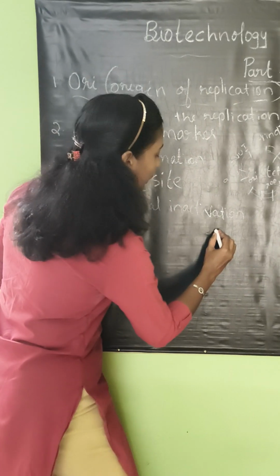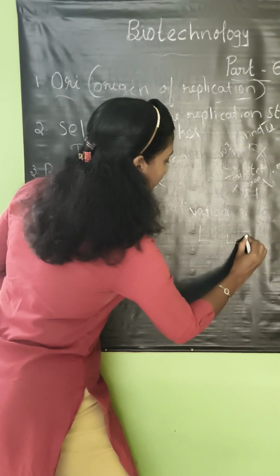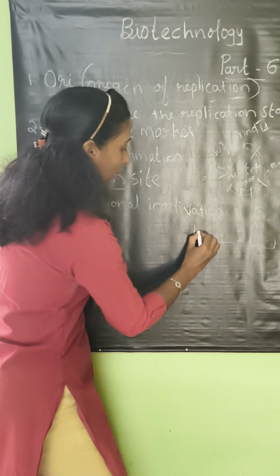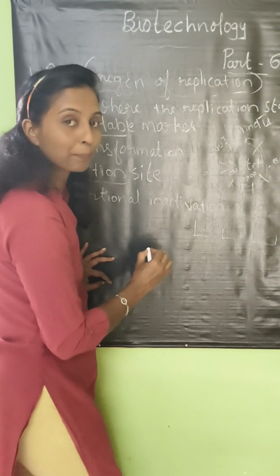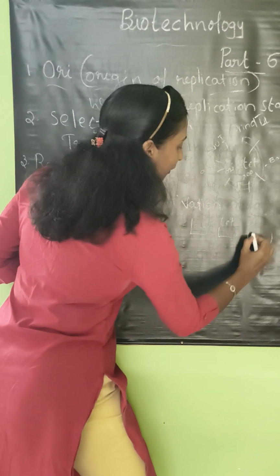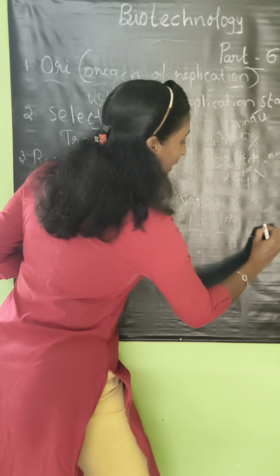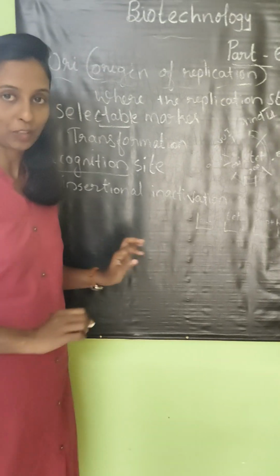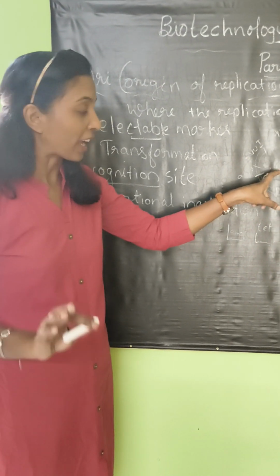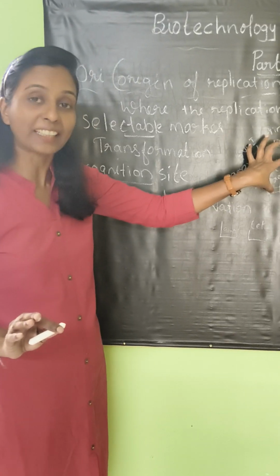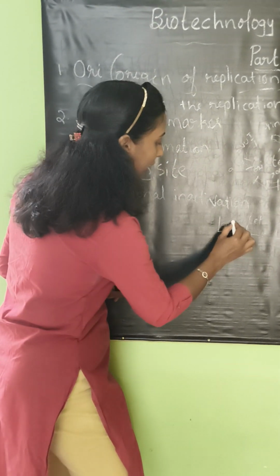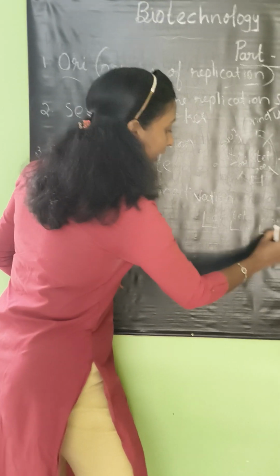For that we have to take three culture plates. The first culture plate contains ampicillin, the second one contains tetracycline, and the other one contains ampicillin plus tetracycline, both. Now we are putting our plasmid pBR322, this rDNA, into the culture plates.